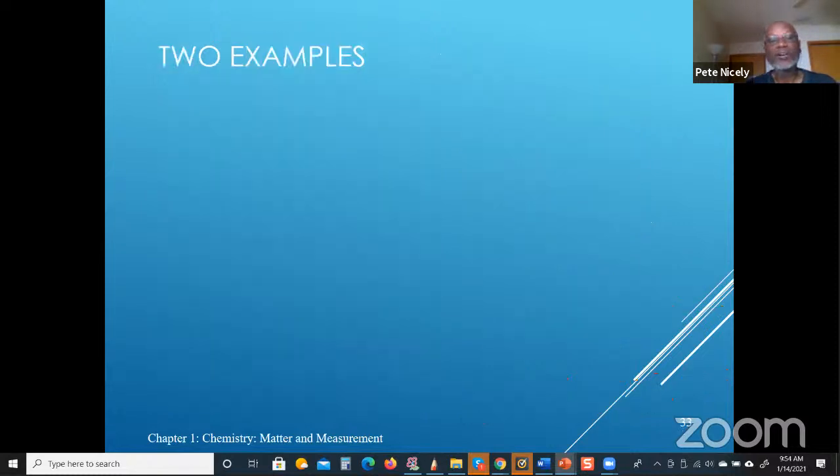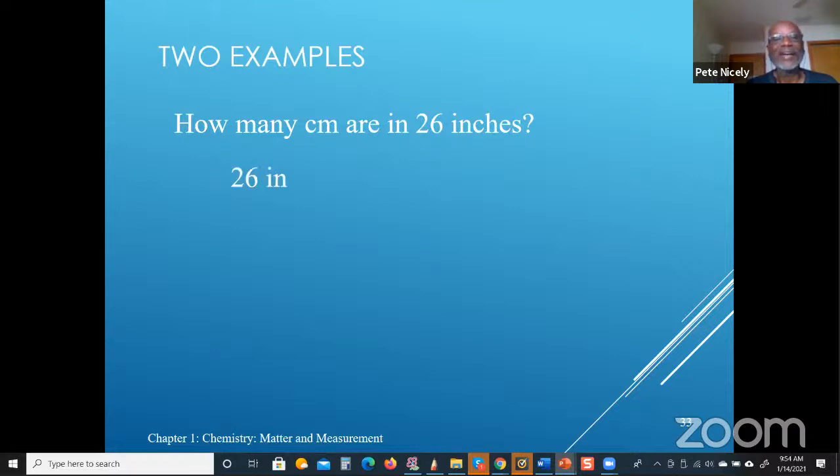All right, so just to give you two examples of how we do this unit conversion thing, here's a question. How many centimeters are in 26 inches? All right, how many centimeters are in 26 inches? So the way we set this up is that we start off with the 26 inches first, because that's the information they're given. And you have to ask yourself, what do you multiply that by in order to convert from inches to centimeters?